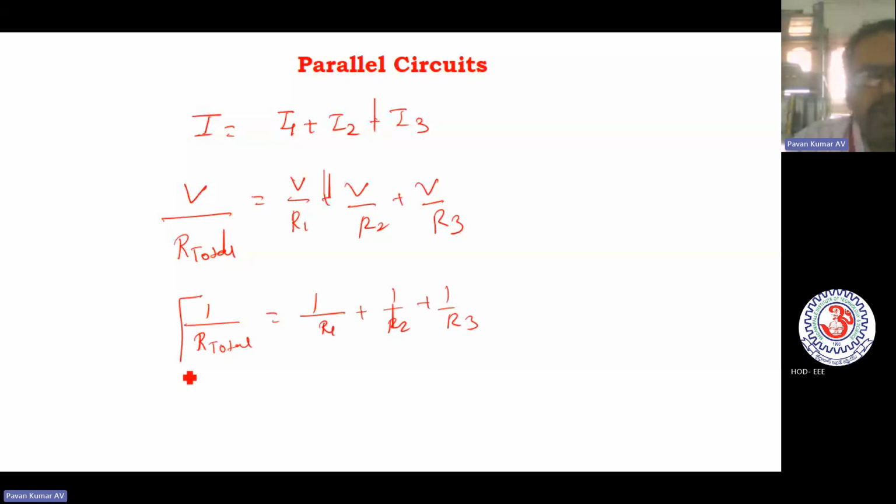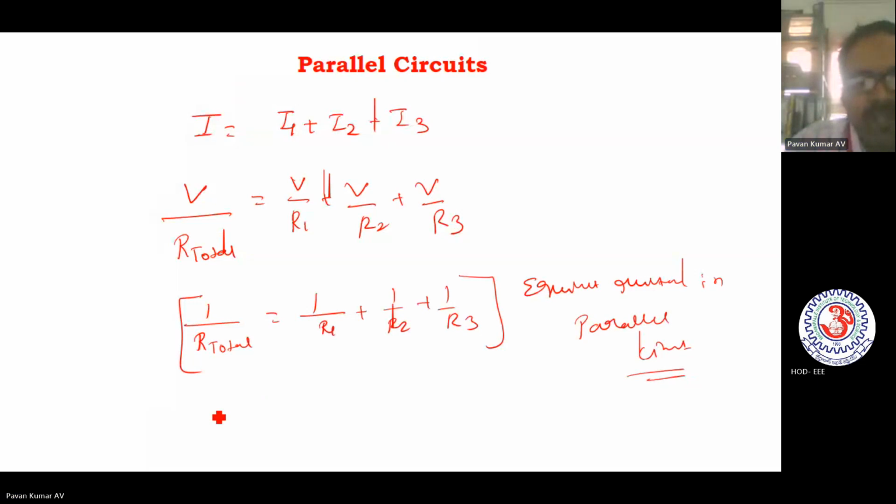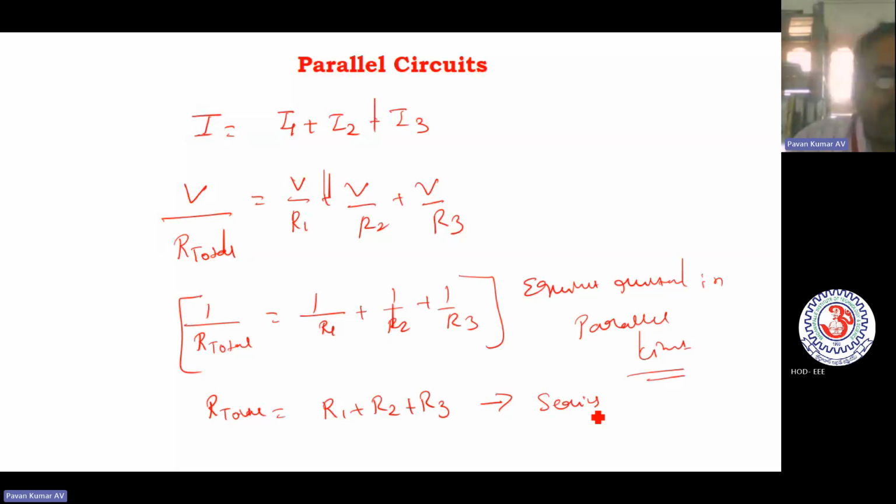This is the formula for equivalent resistance in a parallel circuit. In a series circuit, R total is equal to R1 plus R2 plus R3. So this is for the series and this is for the parallel. That's how we find the equivalent resistance in both.